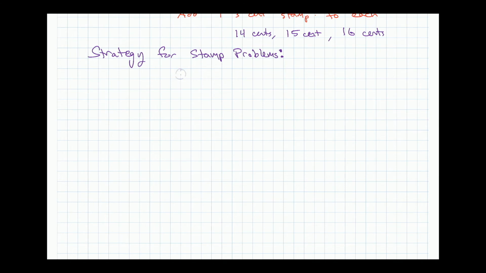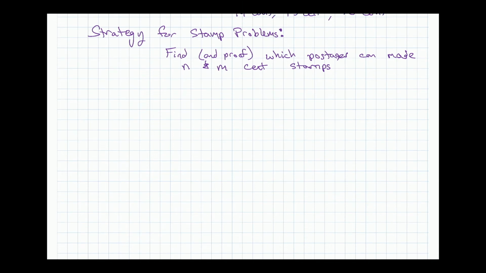So you need to show, like basically find and prove which postages can be made with n m-cent stamps. All right. So the first thing is a note, actually not something to do.